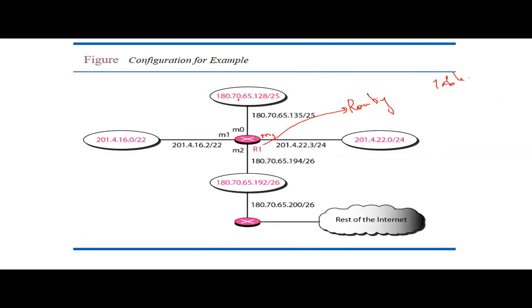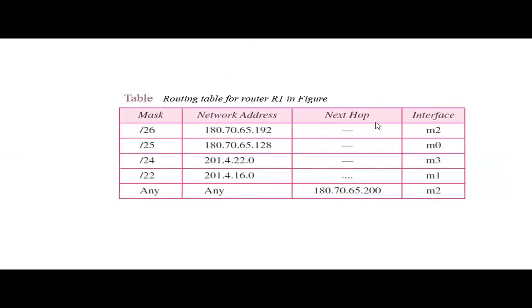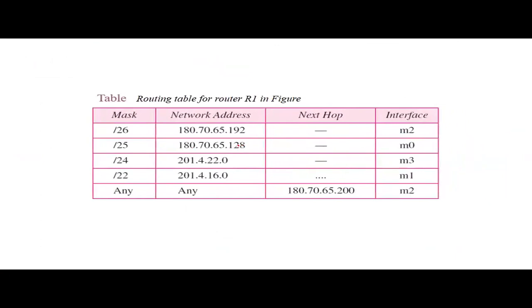It is 180.70.65.128. So let's see the next row. Yes, it is the same thing. And since it is directly connected, we won't have any next hop and the interface is written M0. Then for the mask /24 and /22, we will have the same thing and the network addresses are mentioned respectively with the interfaces. Now, what about the rest of the internet?